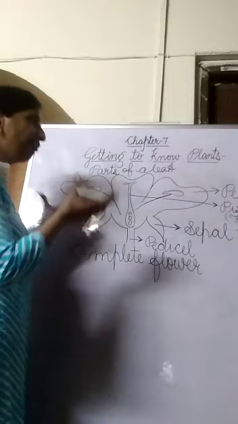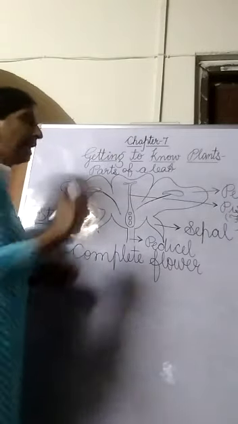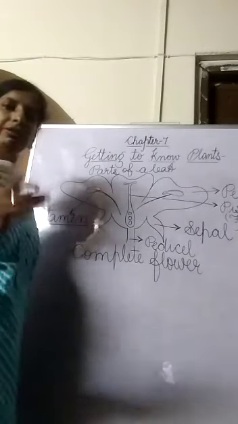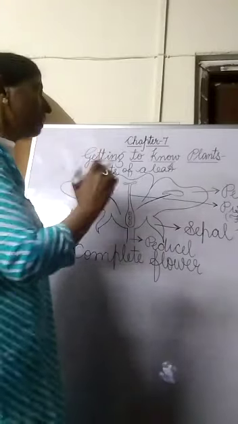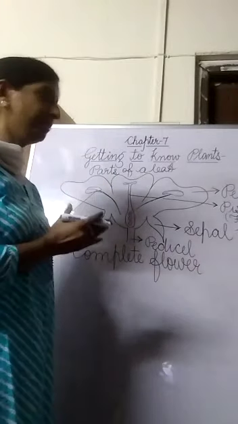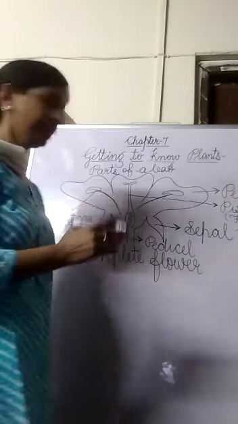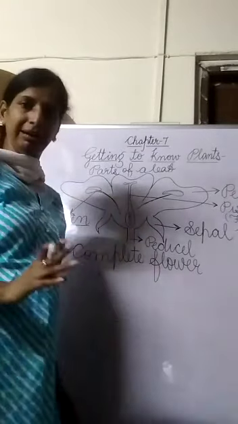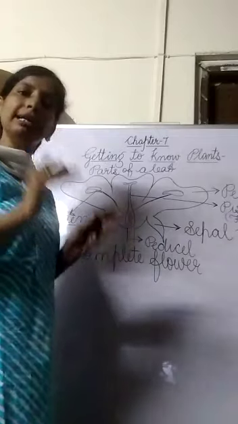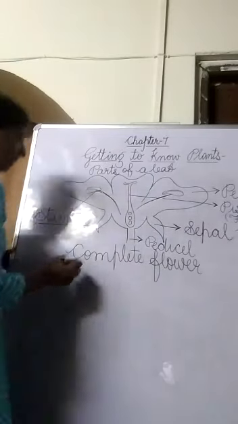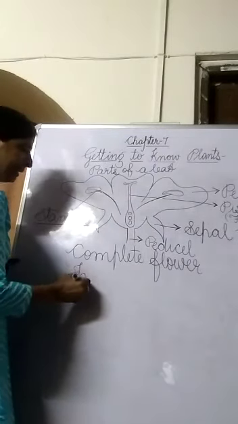And then the whorl of stamen and then pistil. So a flower having the whorl of all the 4 important parts, sepal, petal, stamen, pistil, is called a complete flower. If any of the whorls is missing, we call it an incomplete flower.